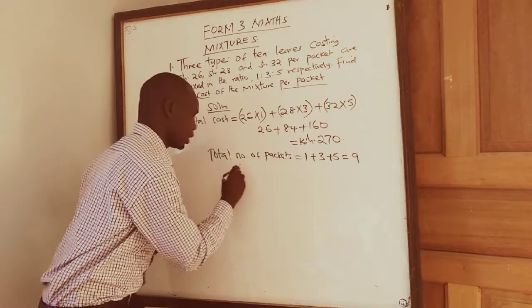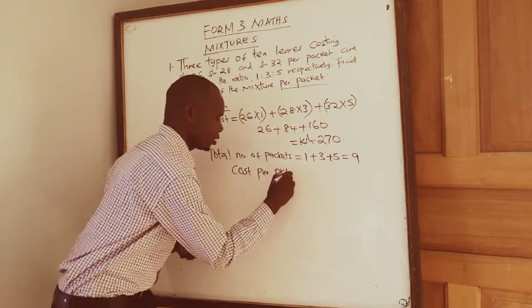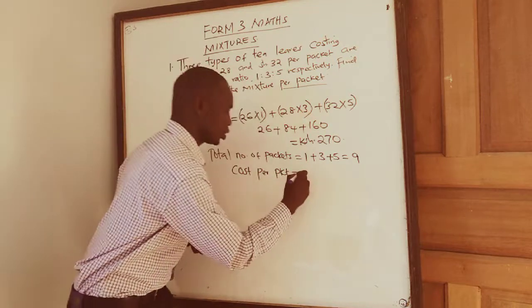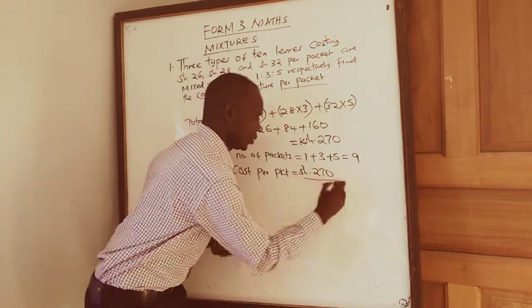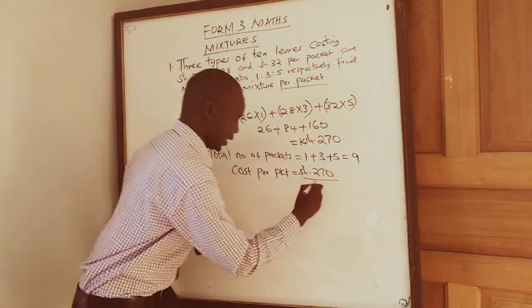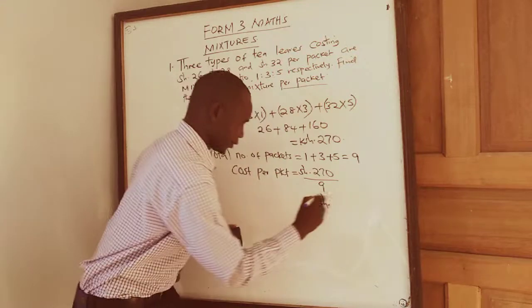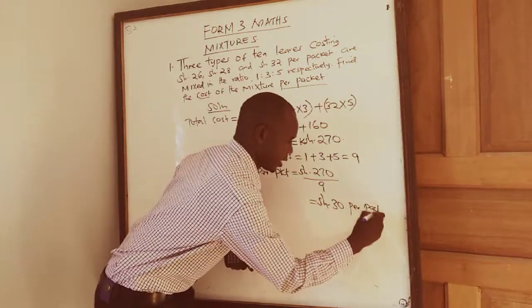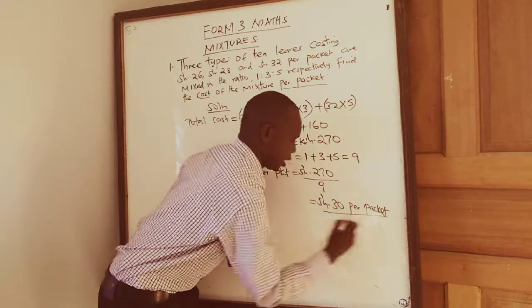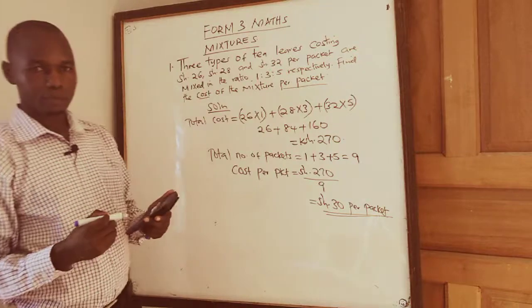Then we can get the cost per packet. The cost per packet is equal to the total cost, which is Kenya shillings 270, divided by the total number of packets, which is 9, and this gives us shillings 30 per packet, and that is the answer to that question.